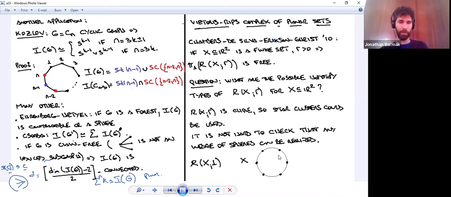I claim that the Vietoris-Rips complex of this is a sphere, just because any two antipodal points are not adjacent, because the distance is exactly 1. And here I'm using the definition of the Rips complex, where the distance must be strictly smaller than 1. But every vertex is adjacent to all the other vertices in this circle.